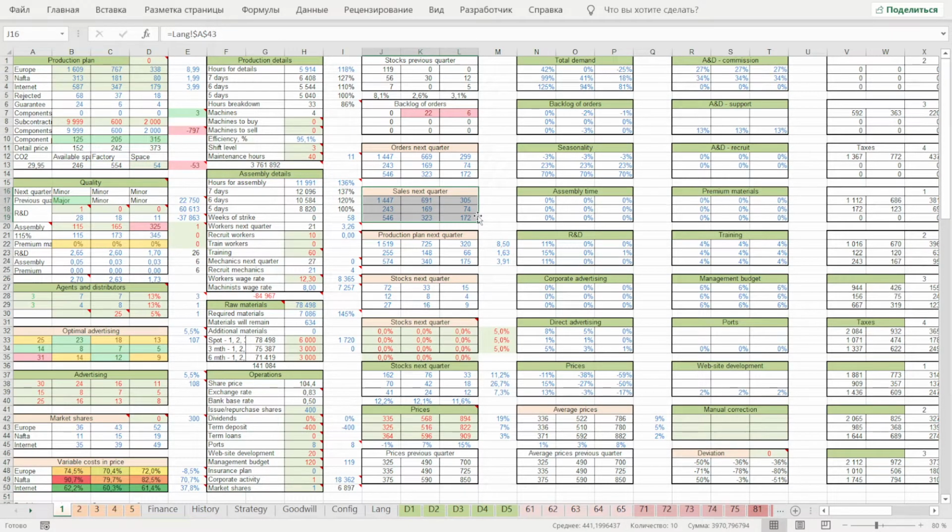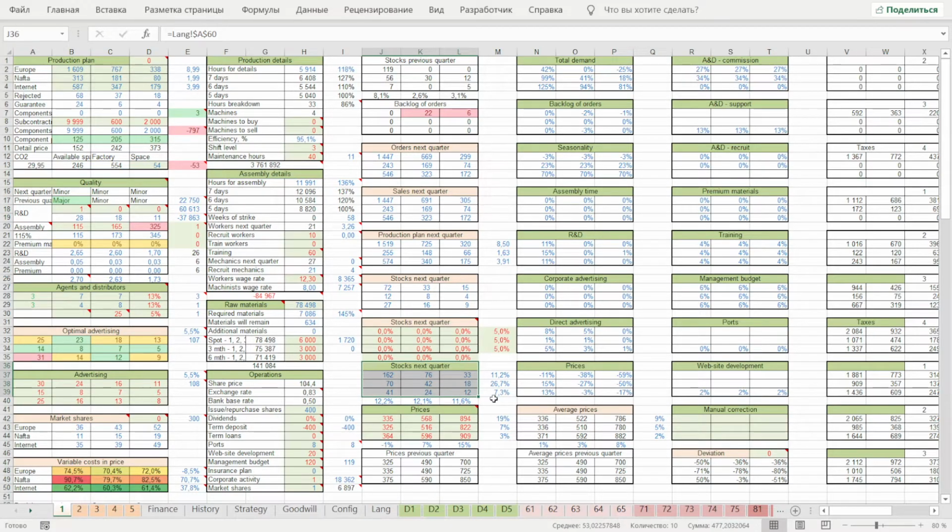The third, then we take the quantity of products that are ready and in stock from the table stock previous quarter, from the sales value in the next period sales next quarter, and add the planned quantity of products that we want to keep in stock in the table stocks next quarter.